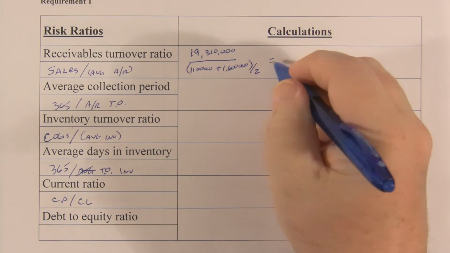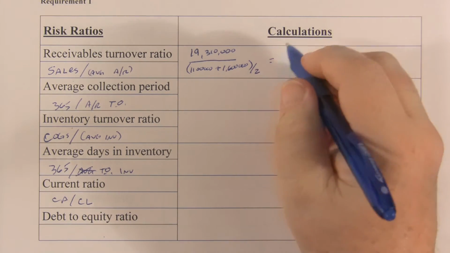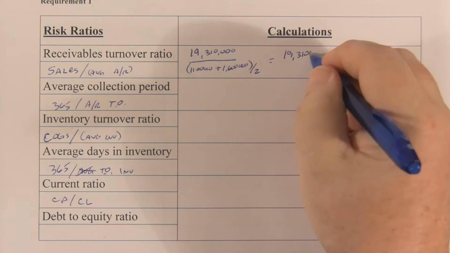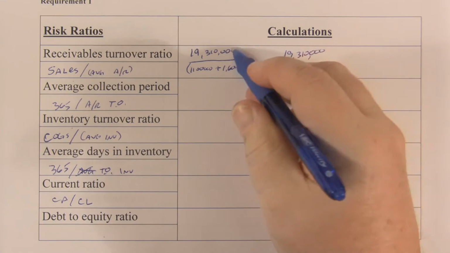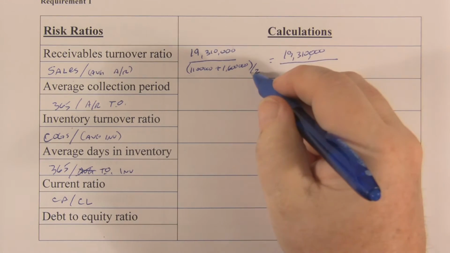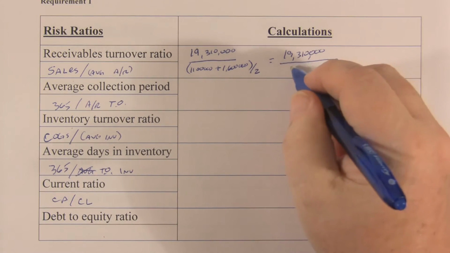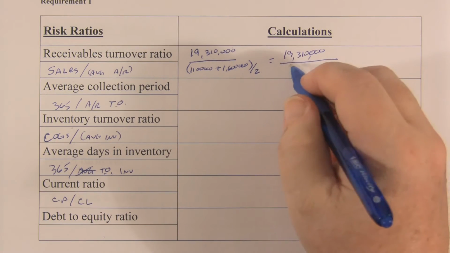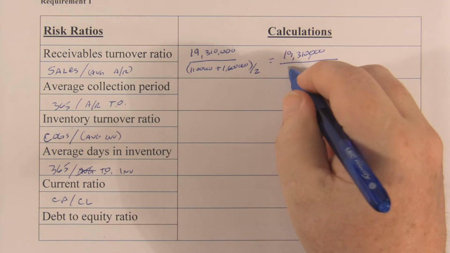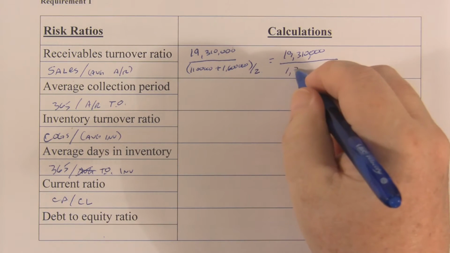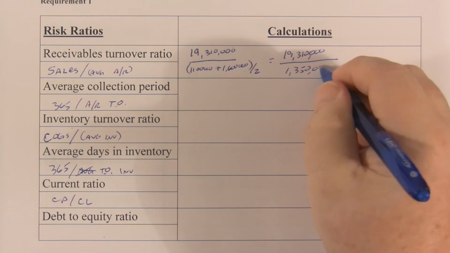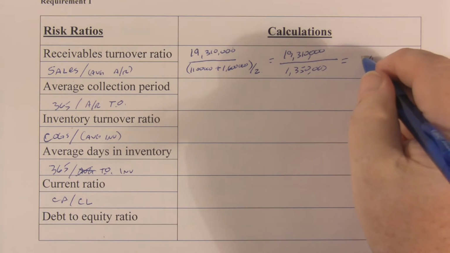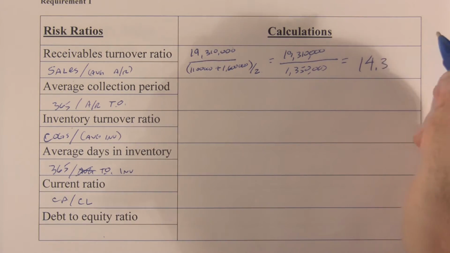And we end up with 19,310,000, that number, divided by 2,700,000 divided by 2, or 1,350,000. And when you divide that out, it comes out to 14.3.